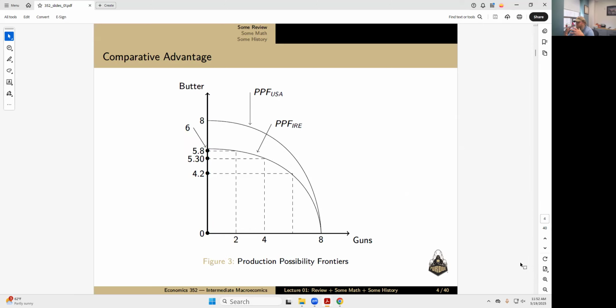Now, one of the other things that we developed during this classical stage is the so-called idea of comparative advantage. Again, this should be an idea that you've been exposed to.